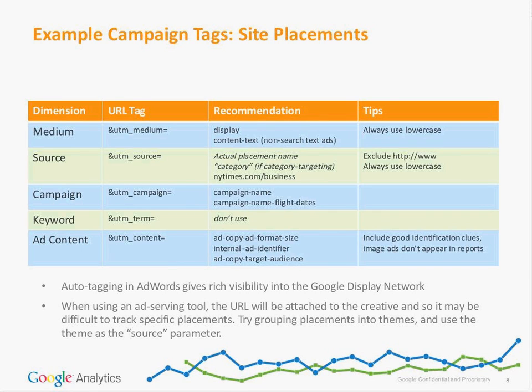So, for example, you're bidding on NewYorkTimes.com through some tool, and you just want to make sure that the medium says display and not something like referral, which is what it'd naturally be set to. If you've set the medium, it overwrites the source, campaign, term, and content in the absence of those tags. So if you use one tag, use as many as is reasonable. It's certainly medium, source, and campaign. So here we recommend, again, that you give it a simple medium.